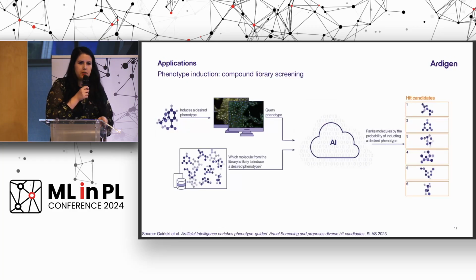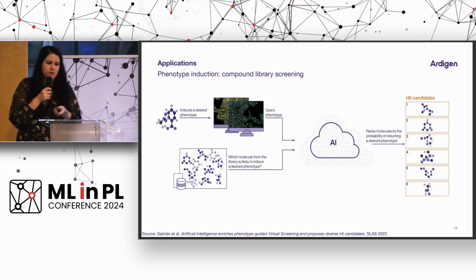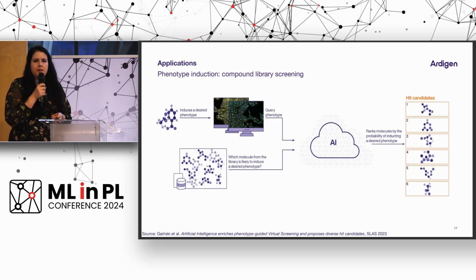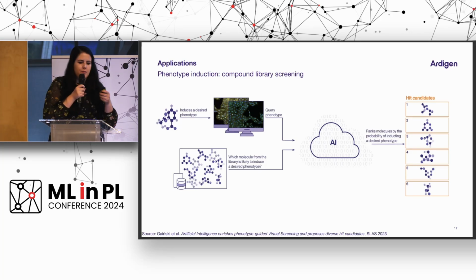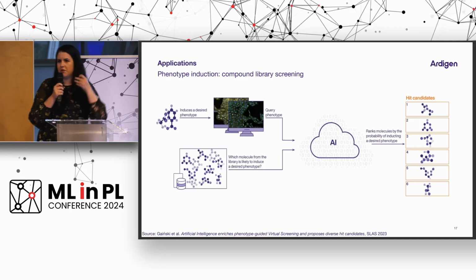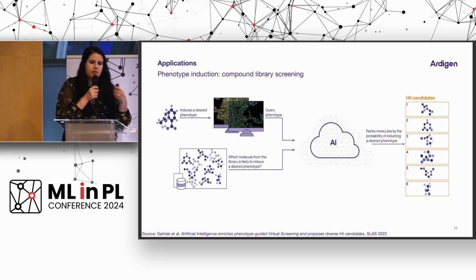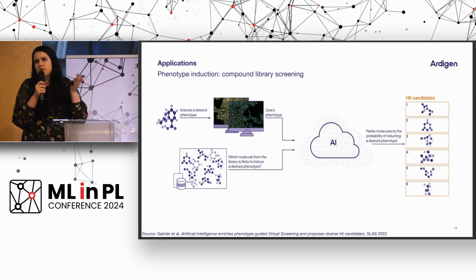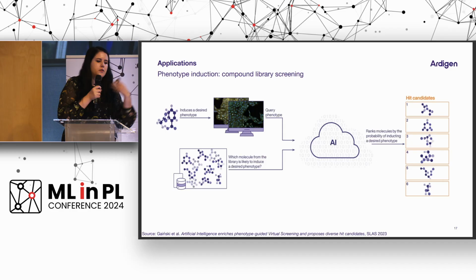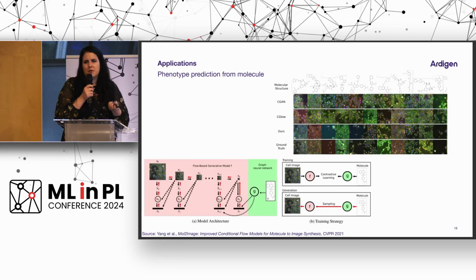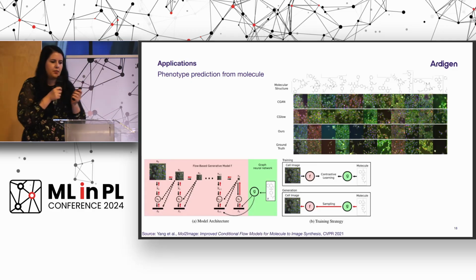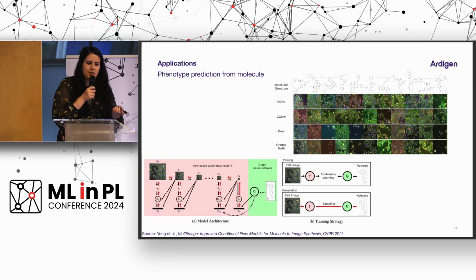With the next application, we combine images and structures. We can train a model to compare image and structure, whether they are similar, and then use this model to generate, or find, new structures that could induce that phenotype. And lastly, there are some approaches to predicting an image straight up from the structure.